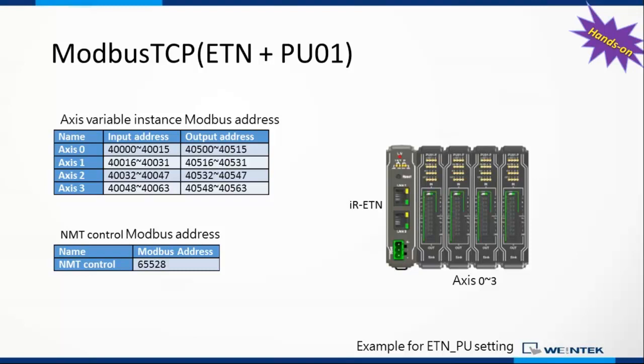All the Modbus addresses for motion control are manufacturer-defined. These input and output addresses are like process data in EtherCAT. And the MNT control address has to be set to value 2. Let's see how to configure ETN plus PU in practice.